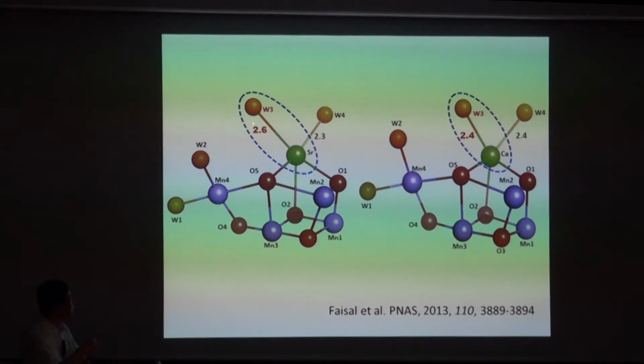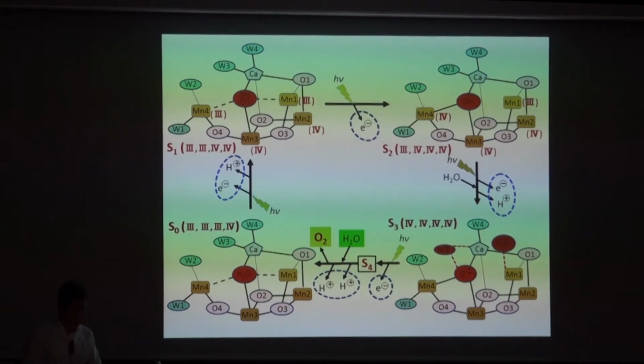So this O-O bond formation may occur between water-3 and O5. So we can propose a reaction mechanism based on this, which is here. This mechanism proposes that W3 moves closer to O5 in some intermediate state to form an O-O bond.